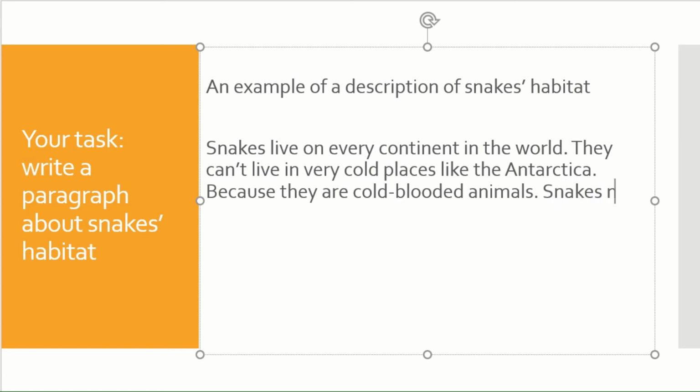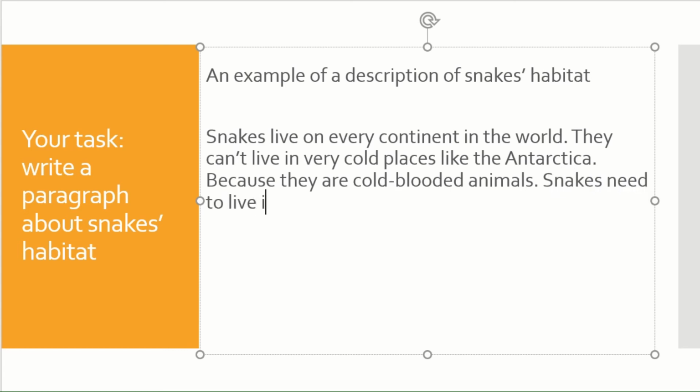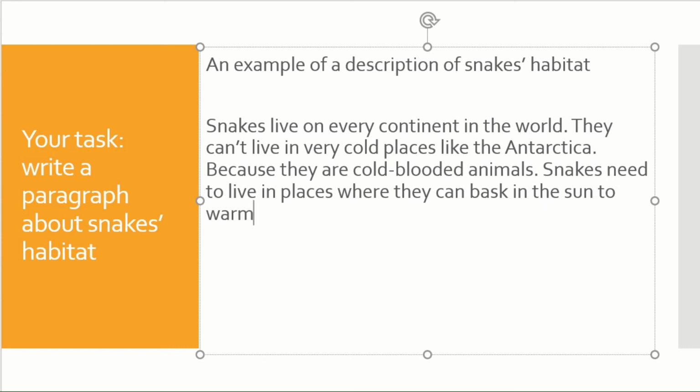Snakes need to live in places where they can bask in the sun to warm themselves.